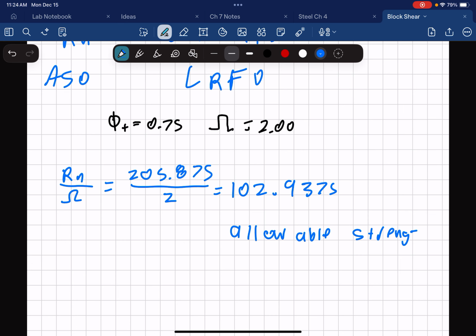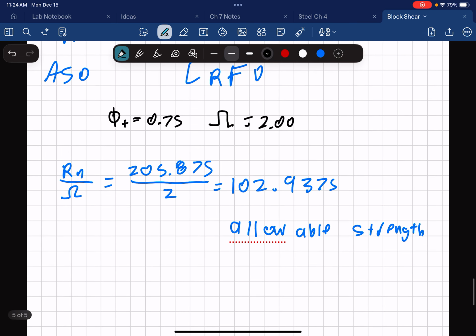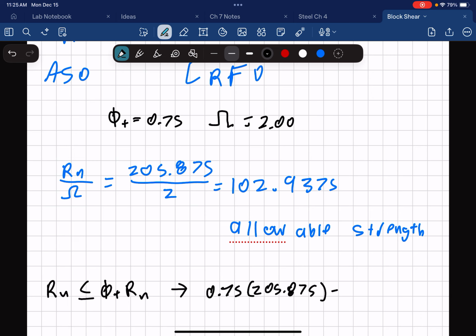If we're going to do LRFD, we'll say that our value is going to be phi t. Ru would have to be less than phi t Rn. And with this, we'll have 0.75 times 205.875, because remember that Rn, that nominal strength value, is not a factor of the design methodology that you're using.